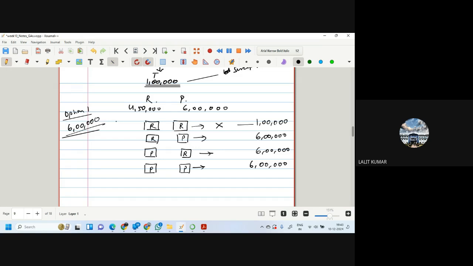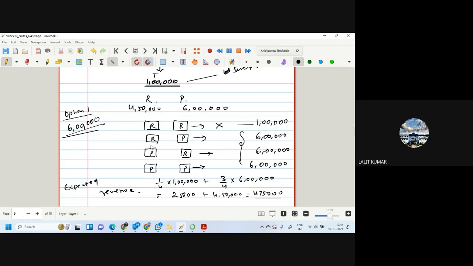So your value for the tractor is 1 by 4 of 1 lakh plus 3 by 4 of how much? 6 lakh. So this becomes 25,000, and this becomes 1,50,000 into 3, 4,50,000. So this becomes 4,75,000. So your expected revenue is this in option one.